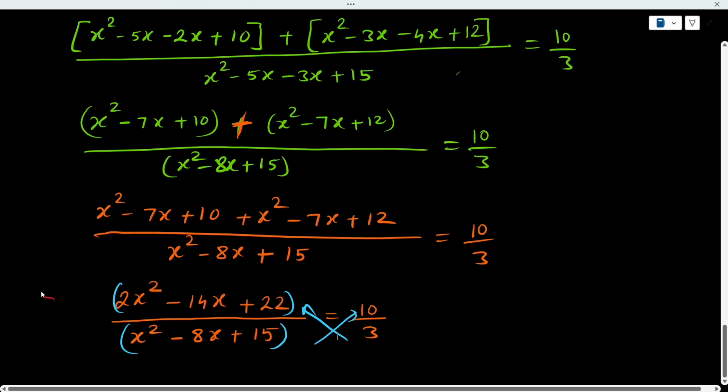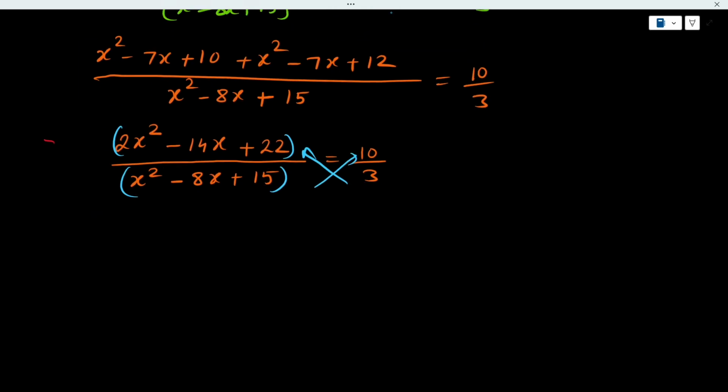So here it will become 3 times 2x square minus 14x plus 22, and then 10 times x square minus 8x plus 15.